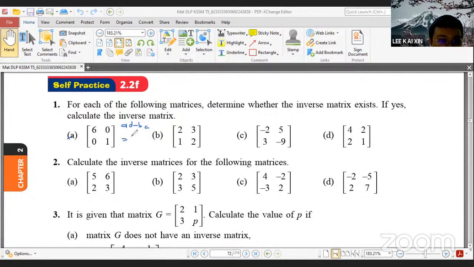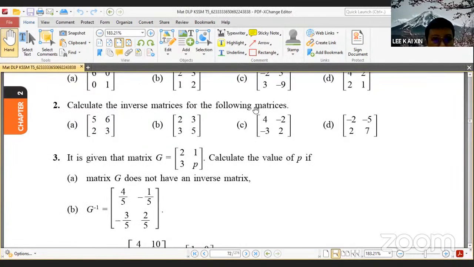Example AD is 6 times 1, BC is 0 times 0 is 0. So you get 6 minus 0, you get 6. So A, there is an inverse matrix because AD minus BC is not 0.